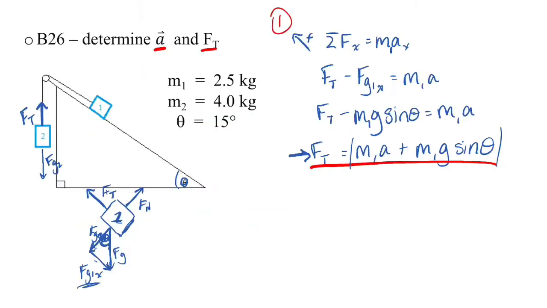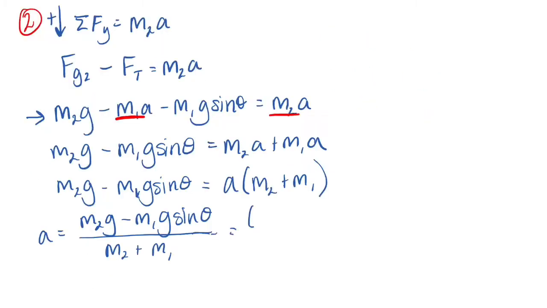All right, I'm going to plug this in. My two masses were, M2 was 4 kilograms, M1 is 2.5 kilograms again, and my angle is 15 degrees.